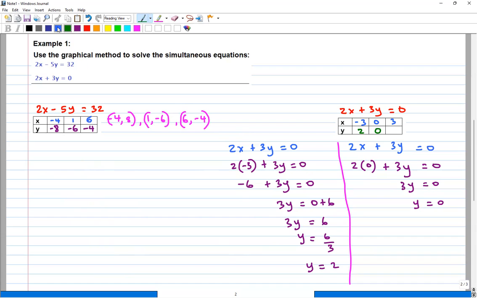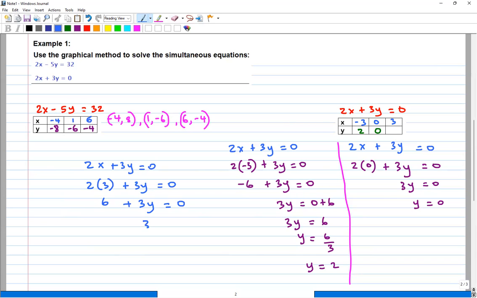And let's get the last point. Let's have our equation as 2x plus 3y is equal to 0. Now, x is 3. So we have 2 times 3 plus 3y is equal to 0. 2 times 3 is 6, plus 3y is equal to 0.